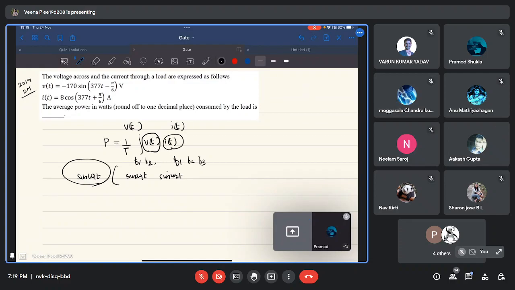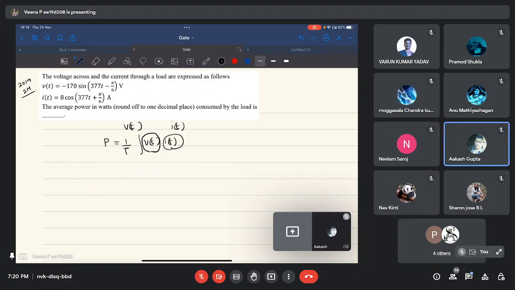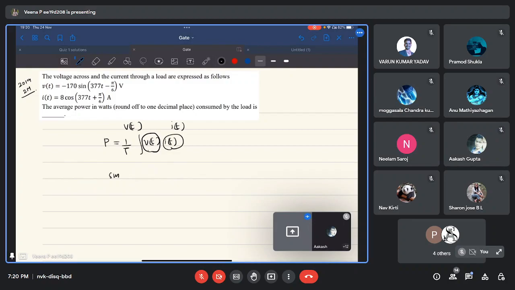Is it clear what I meant? Yes, I understood. So if you find the product of sine omega 1t and sine omega 1t, this is the first component. The next component is sine omega 1t times sine omega 2t.